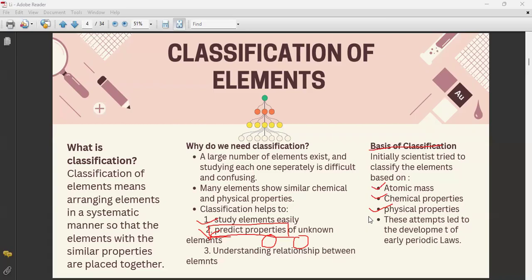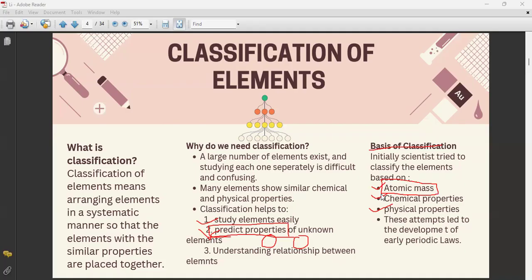Now, what does the term atomic mass mean? I hope this is not a new term for you, but just for revision, let me tell you: atomic mass is the combined mass of protons, neutrons, and electrons of any element.